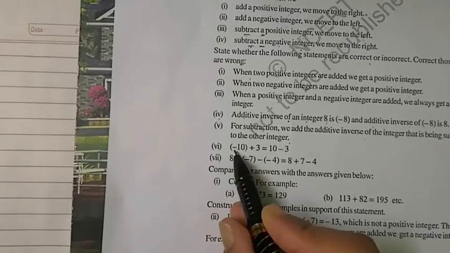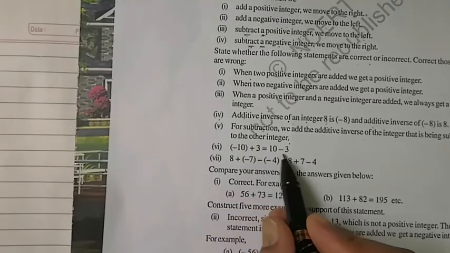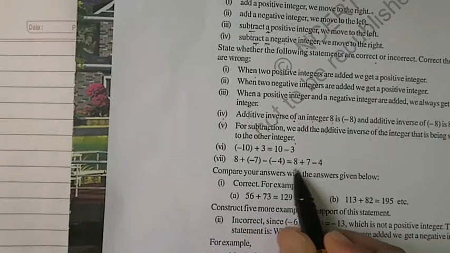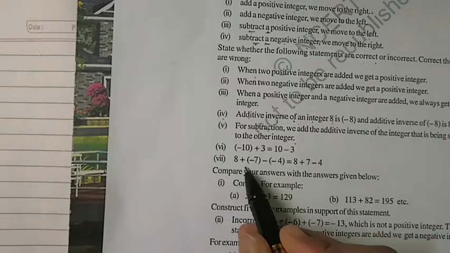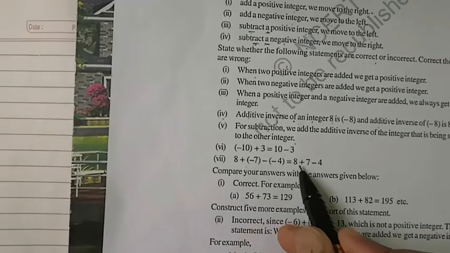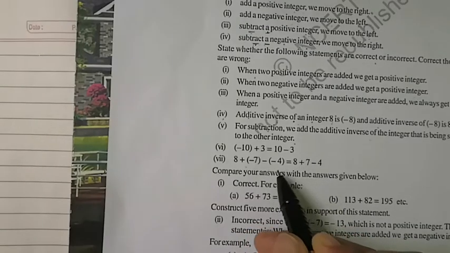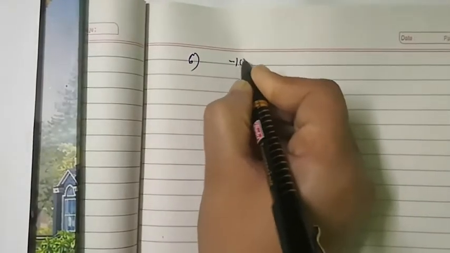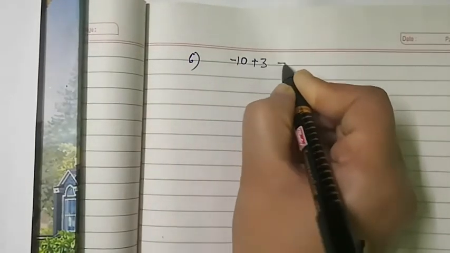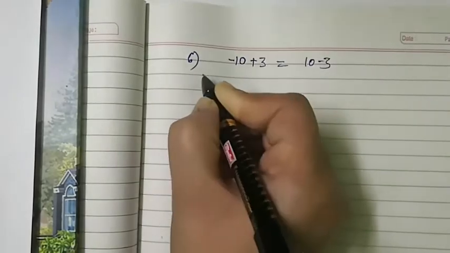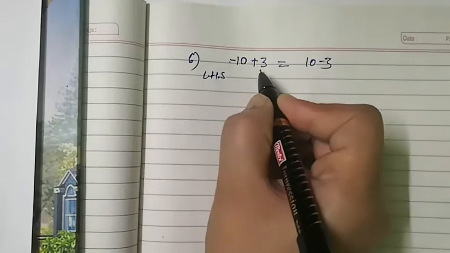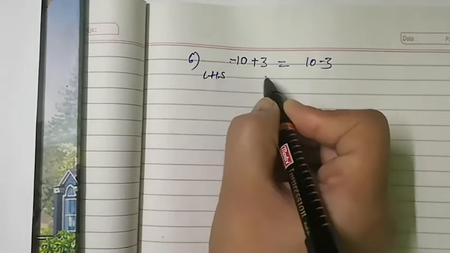In the question, see 6, minus 10 plus 3 is equal to 10 minus 3. And in 7 also such types of equations are given. So we solve the left hand side, then the right hand side, then we compare whether these are equal or not. LHS we take minus 10 plus 3. Minus plus will be subtraction, will be minus.